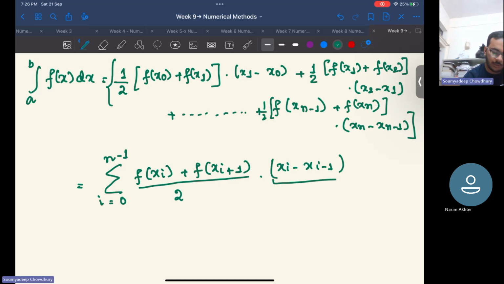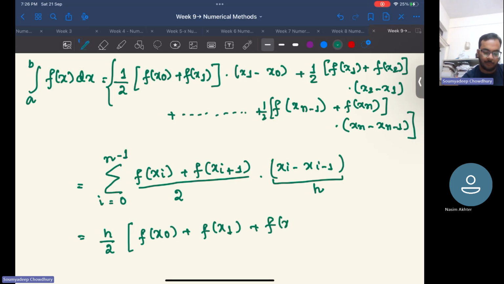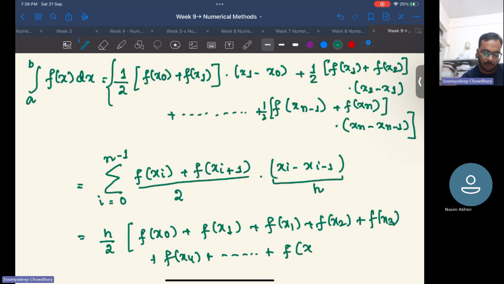So this is basically h, right? I'll just expand this. First will be f of x0 plus f of x1. Next term will be f of x1 plus f of x2. Next term will be f of x2 plus f of x3. Like this, it will continue, right? So it will end with f of xn minus 1 plus f of xn.